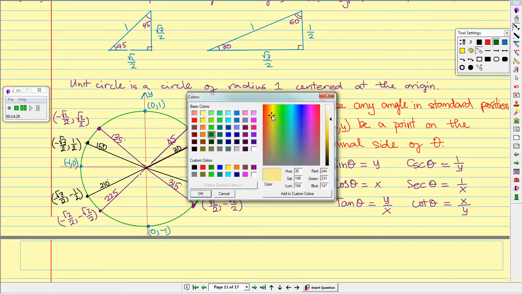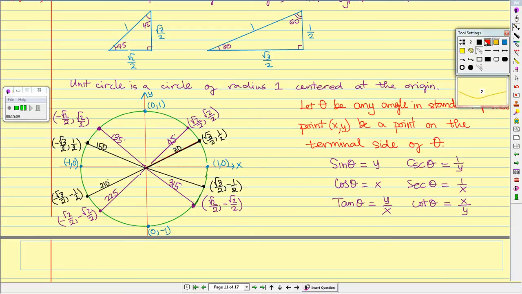Let's go with pink, or do we have gold? I'm going to go with yellow.